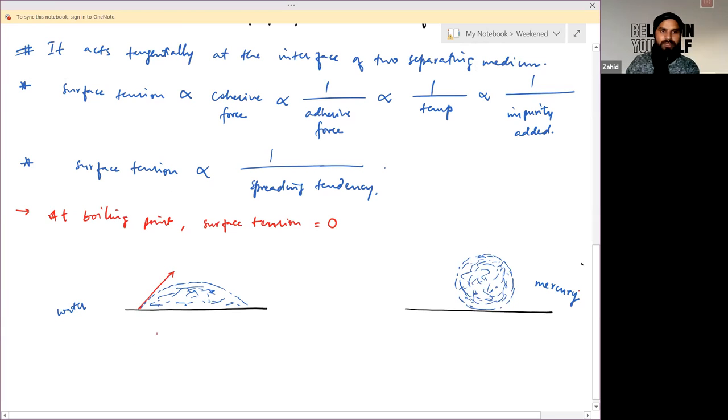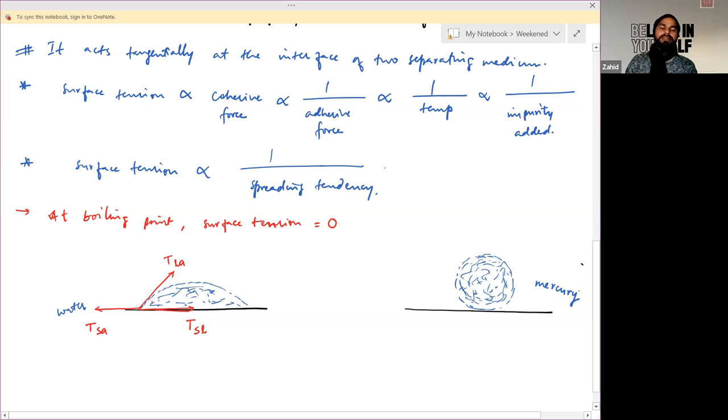So it will be along this direction, along this direction, and along this direction as well. So this is between solid and liquid. This is between liquid and air, and this is between solid and air.